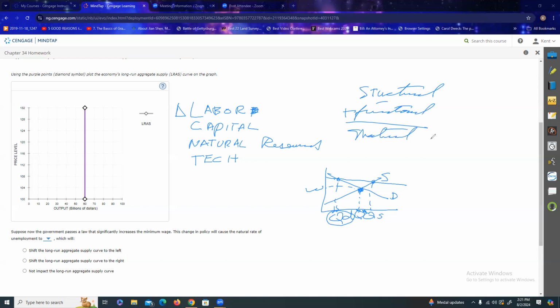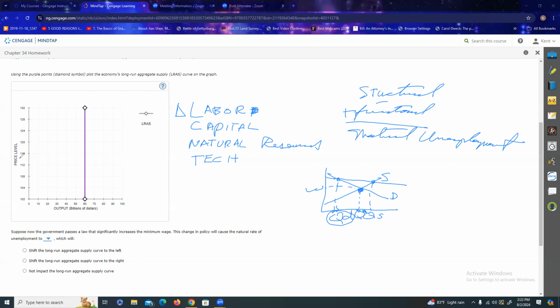Sorry for my writing. And structural just increased. We've got some structural unemployment. So the natural rate of unemployment has gone up, and that means we shift the long run aggregate supply curve to the left.